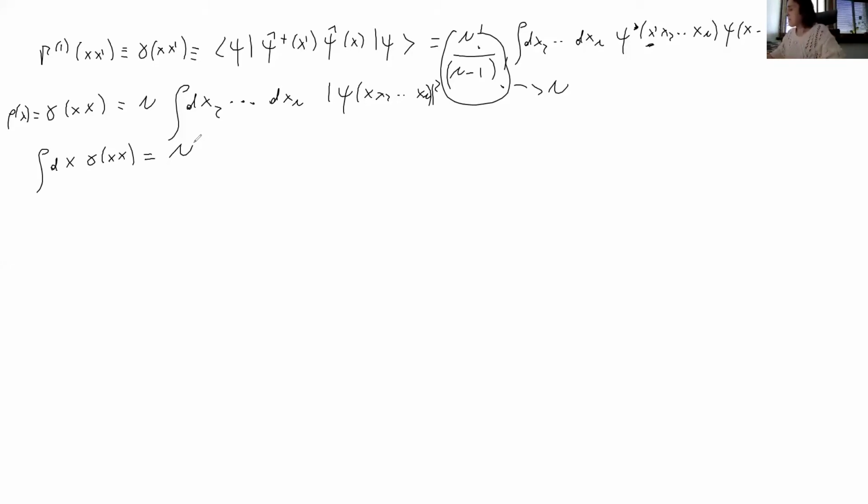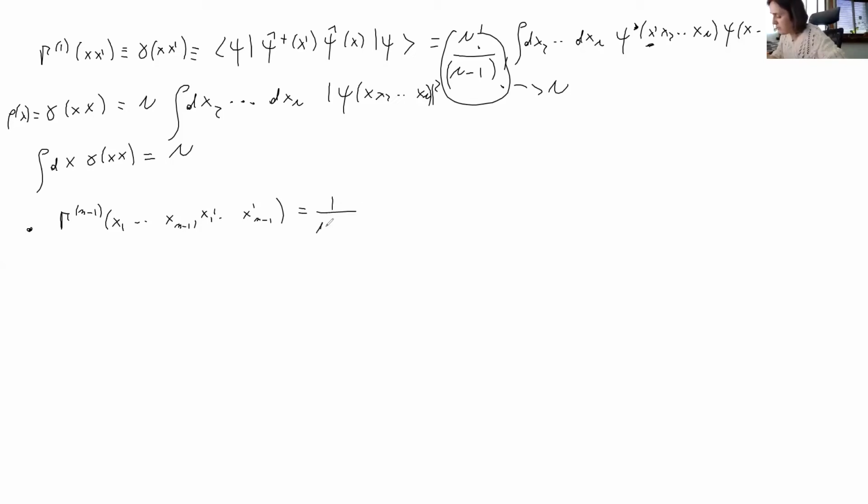Another relation that is important, because we will use it in the following, is that you have some recursive relation between n-1 and n density matrices. So you can express the n-1 density matrix, x1, x n-1, x1 prime, x prime n-1, in terms of the n body density matrix.